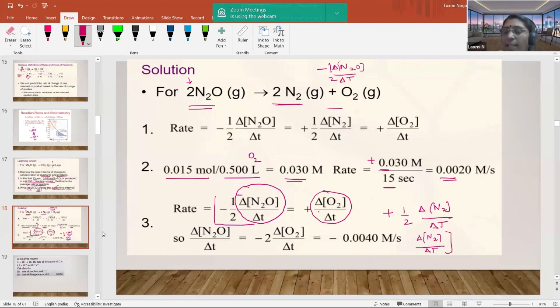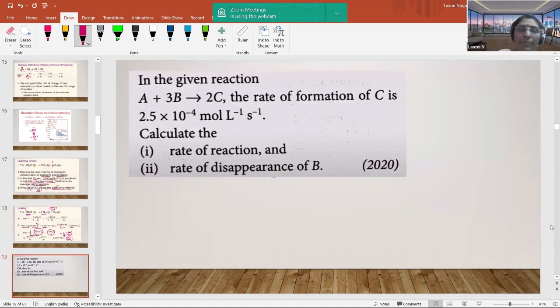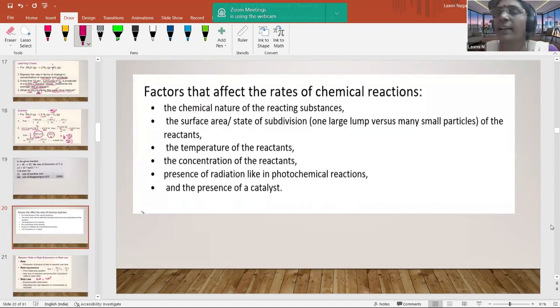So give them that clarity as to what it means to introduce the coefficient. The moment you introduce the coefficient, it becomes the rate term. Excluding the coefficient, it is just the rate of appearance or rate of disappearance. So take a number of examples and do this. I've taken some more examples, but I think we will run out of time if we do all these.